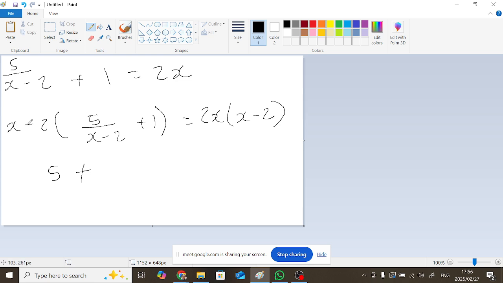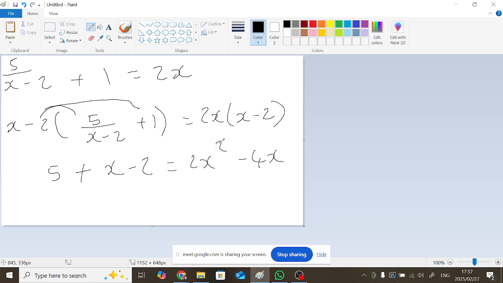Remember we have to do that whole FOIL method. When it multiplies by 1, we'll have x minus 2. And on this side we'll have 2x squared minus 4x.